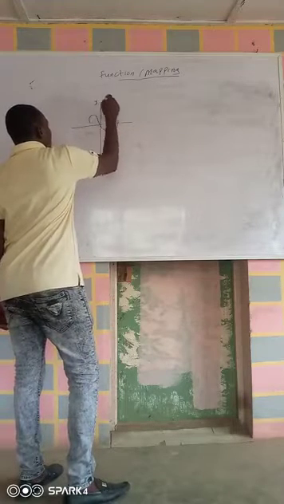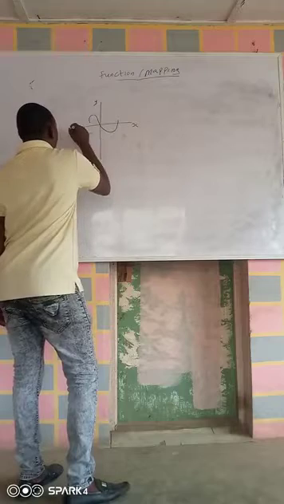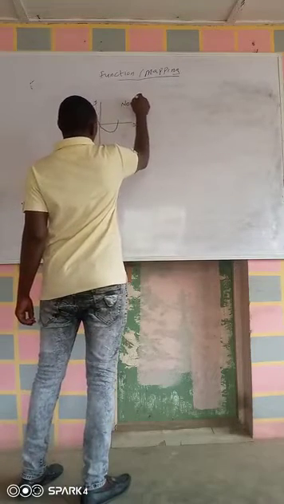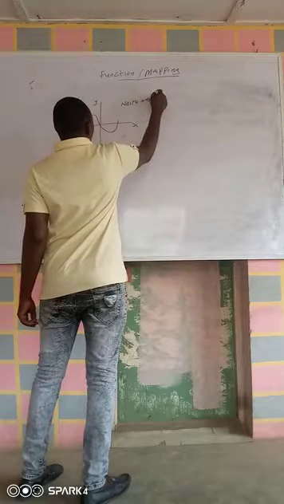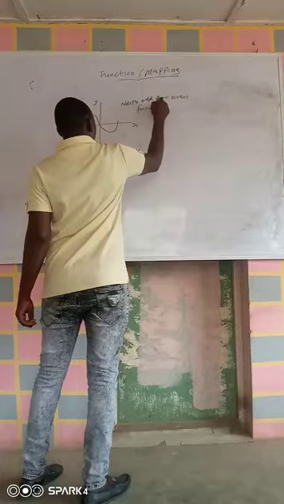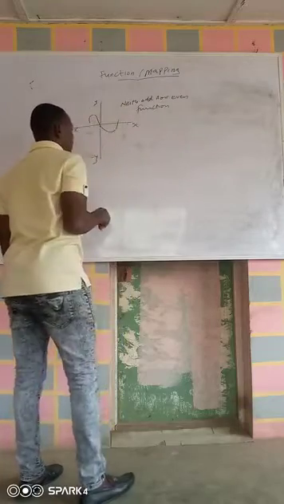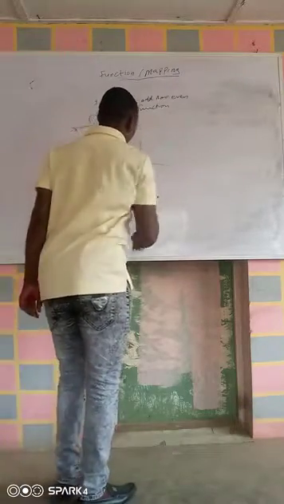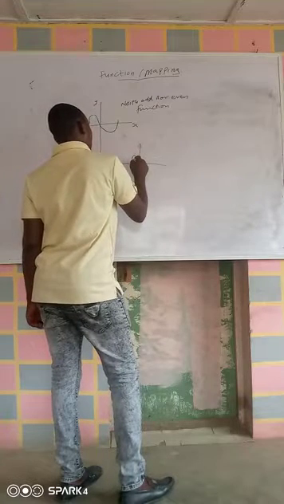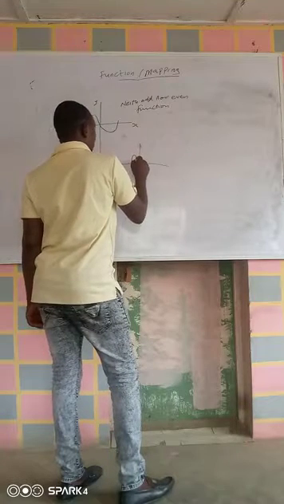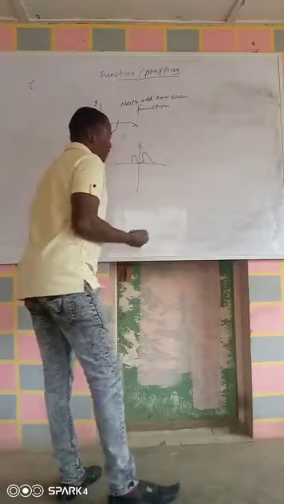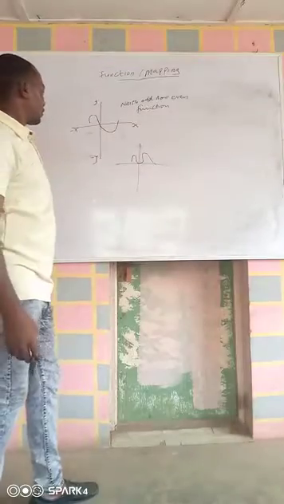So we can have a y, x, minus s, minus 1. Neither odd nor even. We can have a different form, like this. Neither.